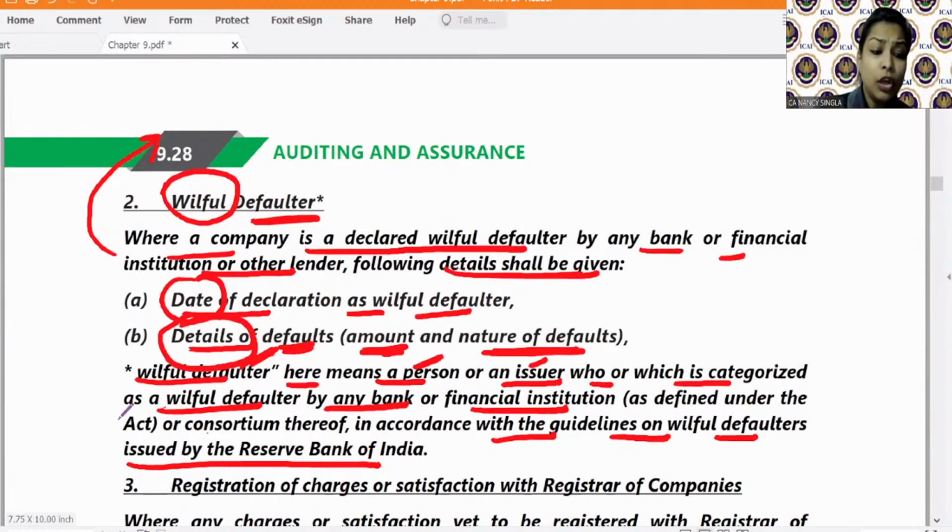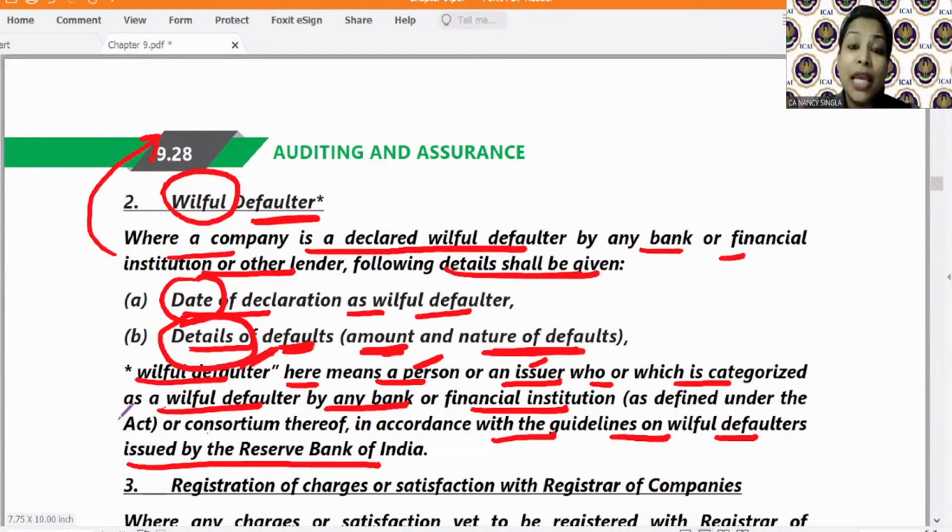See, students, here the company is purposefully, intentionally defaulting in the repayment of the principal or the payment of the interest. So when the company is required to mention by itself, as additional regulatory information, that it has defaulted, it will be very useful information for the shareholders. Based on such disclosure, the shareholders are going to take informed decisions.